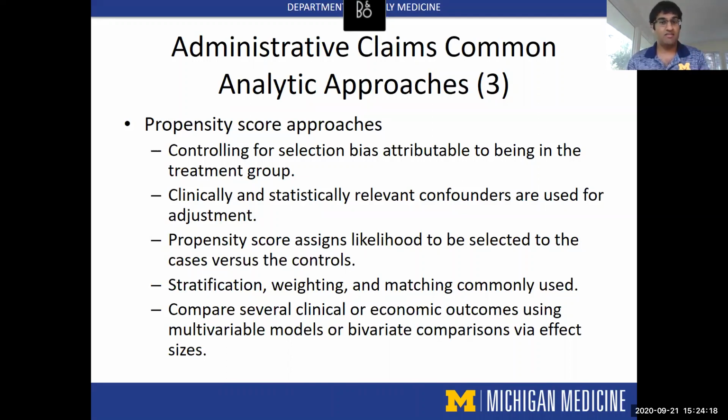And in many ways, this allows us to create equal playing fields between your two groups, removing selection bias, and then comparing clinical outcomes or economic outcomes, on matched cohorts or using weighting to do weighted multivariable models or bivariate comparisons.